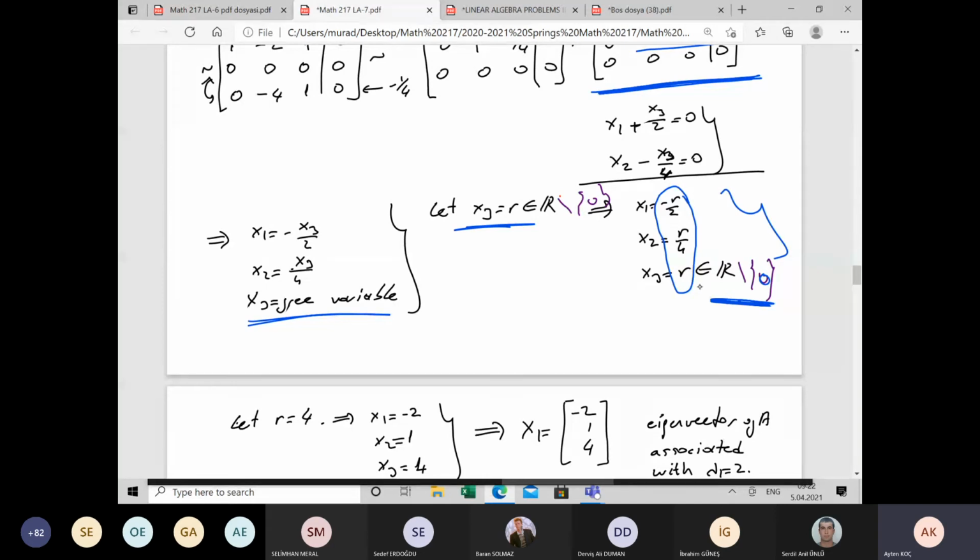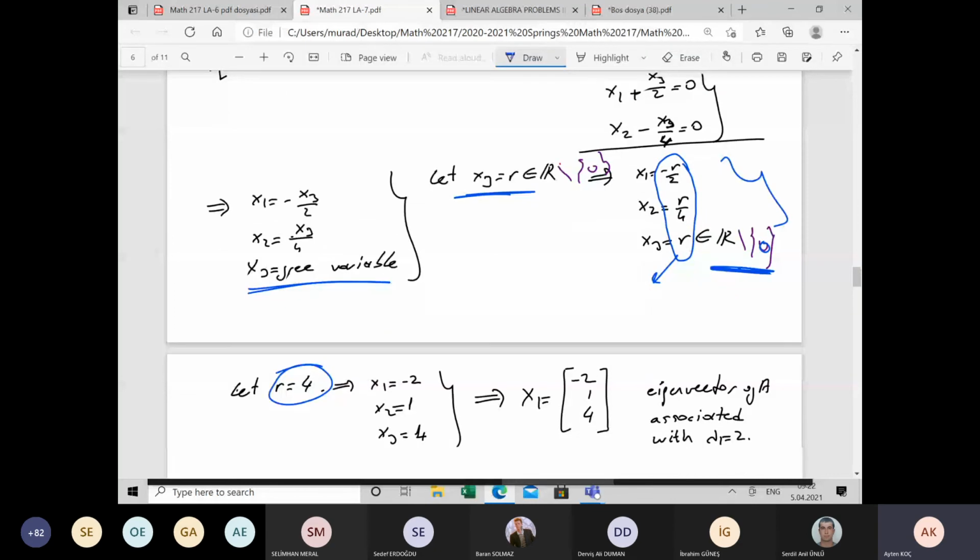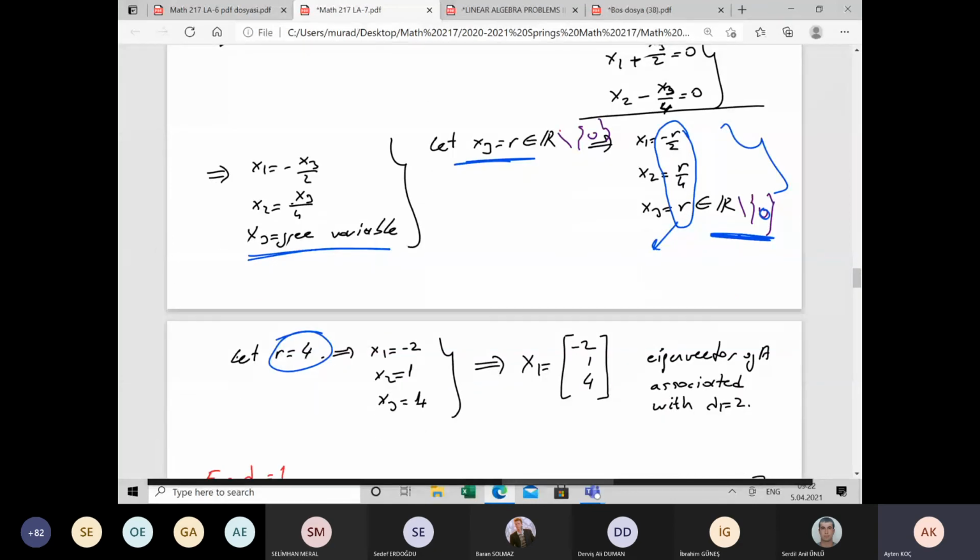Our aim is to get integers, because the next subject is diagonalization, and it will be better to have integers. So take 4 and substitute here, r is 4, and then we obtain minus 2, 1, 4. So this one is called an eigenvector of A associated with lambda 1 is 2.